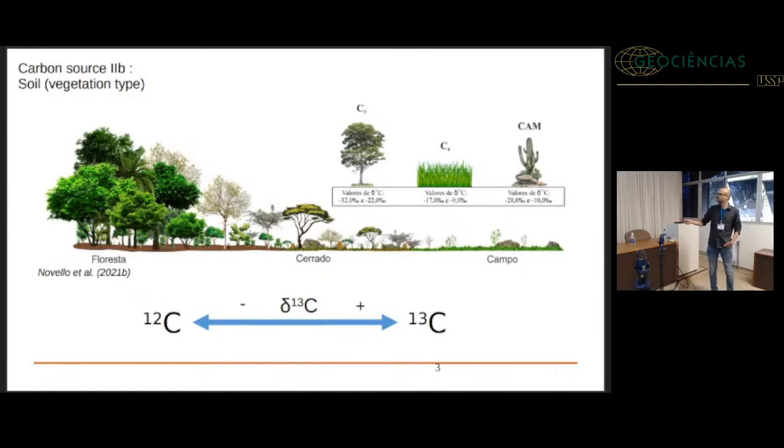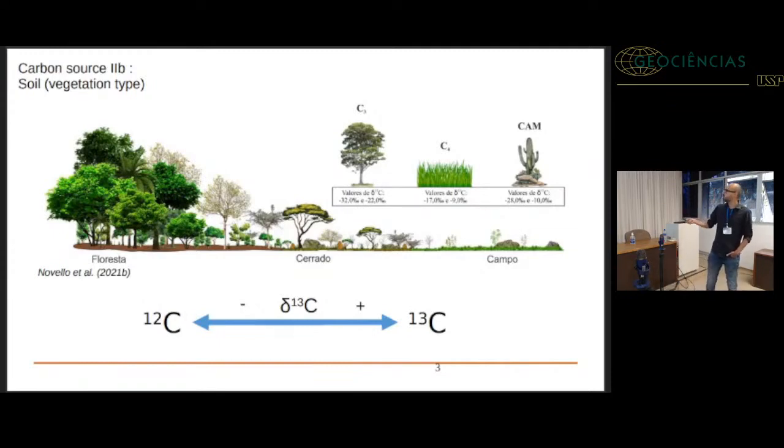So the isotopic composition of the organic matter will be more negative in one environment, more positive in the other. But there are also some complications, because there are exceptions as well. There are trees which perform C4 metabolism, and there are also grasses with C3 metabolism.